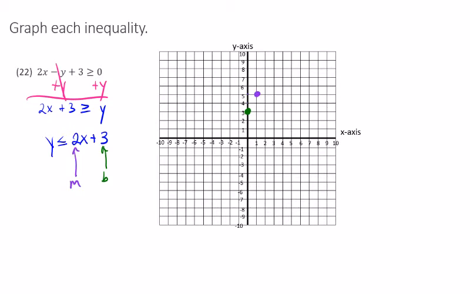And then since it's or equal to, it's going to be a solid line. So I can graph this line here. All right, and then since it's less than, we're going to shade below. Okay, so we're going to shade everything below this line here.